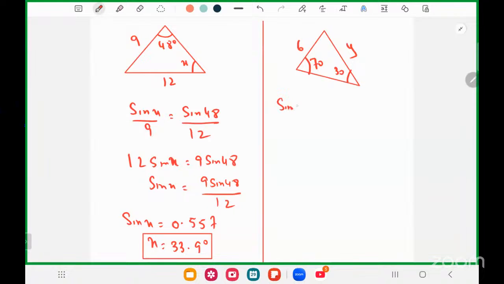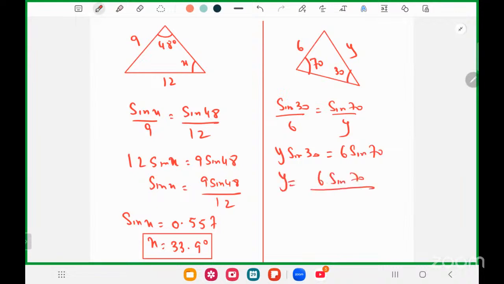Sine 30 upon 6 is sine 70 upon y. Y sine 30 is 6 sine 70. Y is 6 sine 70 upon sine 30.